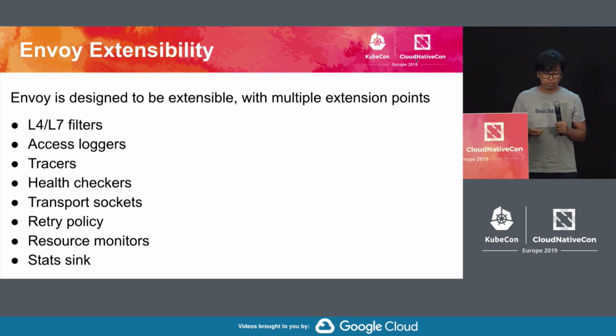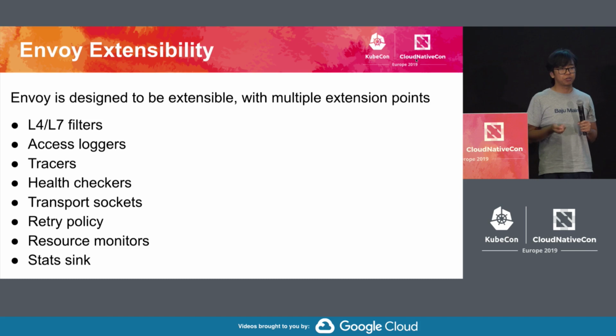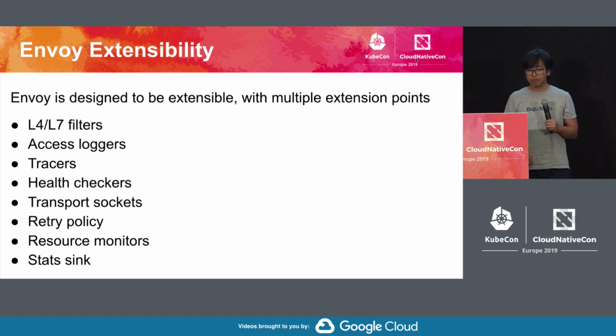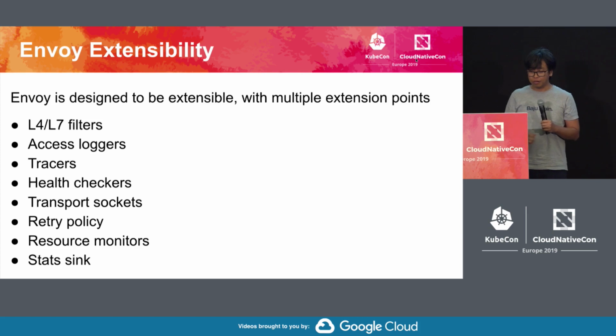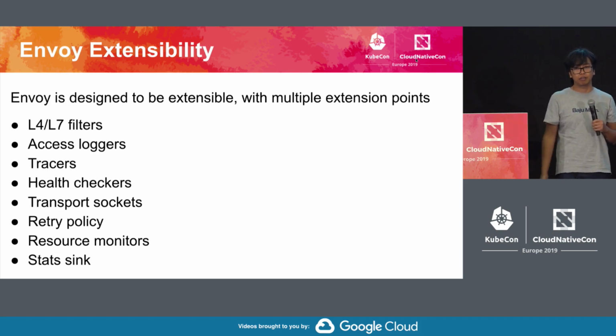We also allow you to bring your own tracers. We have Zipkin, we have OpenTracing, and a couple of other things. We even allow people to extend health checkers. The current example in Envoy is the Redis health checker, but you can build other things. Another interesting one is probably retry policy. Perhaps in a different organization you need a different way of retrying requests.